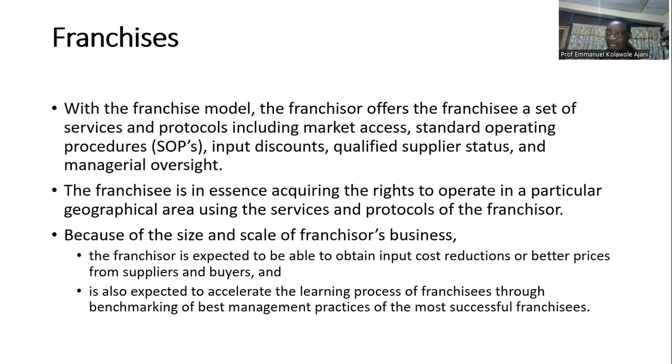I've forgotten the name of this company, maybe I will remember later. And they are producing and selling the product, following the standard laid out by Mr. Biggs, the company that holds Mr. Biggs, and these individuals are the franchisees, and they are operating under the logo of Mr. Biggs, following their operating procedure and the best management practices as laid out by Mr. Biggs. They are given the right.